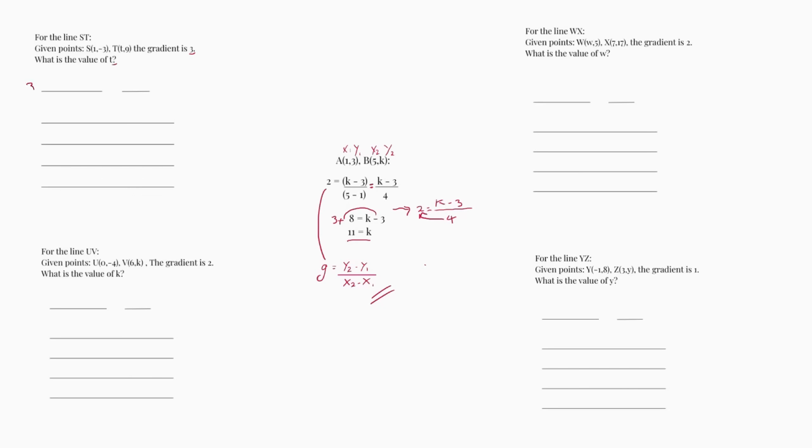Our gradient is 3 equals our y2, which in this case is 9, minus our y1, which is minus 3. And it's going to be all over our x2, which is t, minus our x1, which is 1.